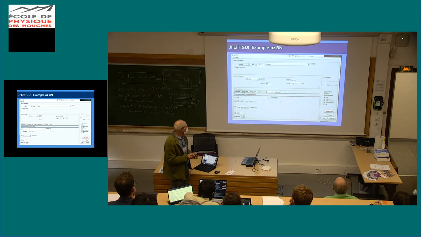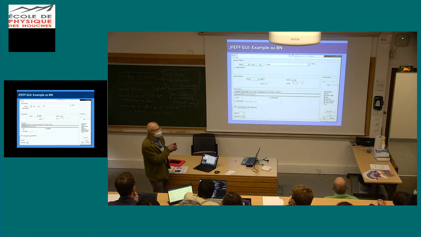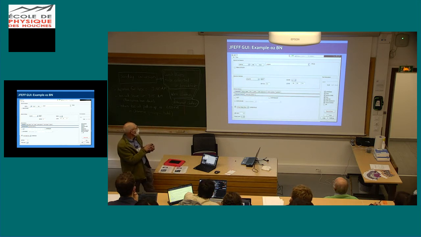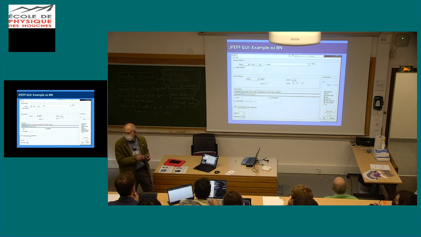Actually, it looks like it's a contradiction, but in the end, you see it says XAFS or XANES, and for XAFS, it will ignore that FMS and it'll run the path expansion. Yeah, that's right. So it may be a little misleading.